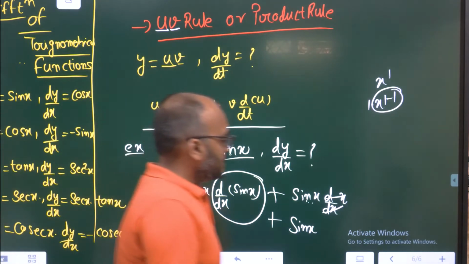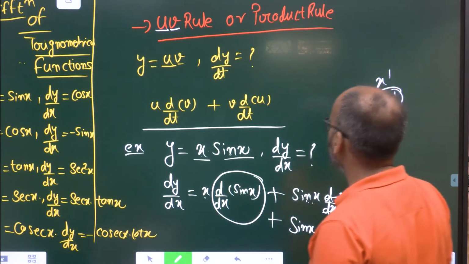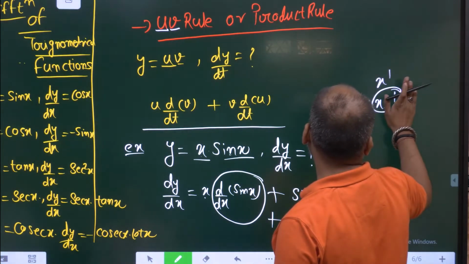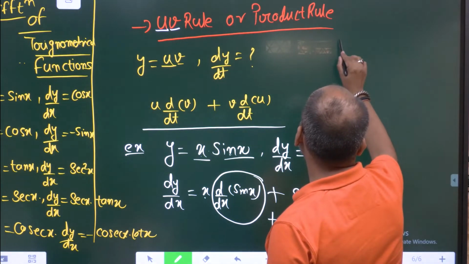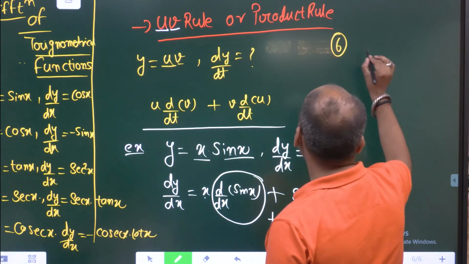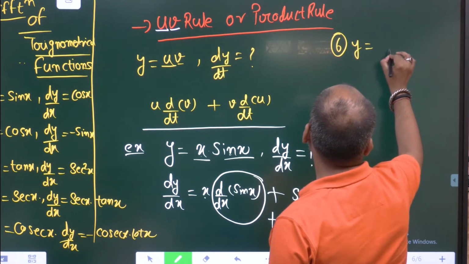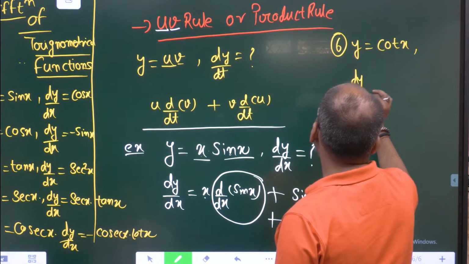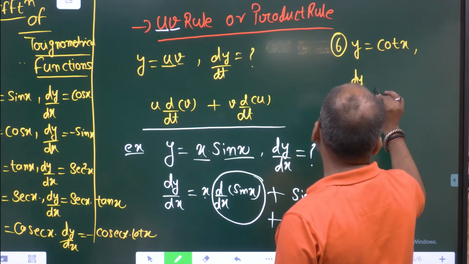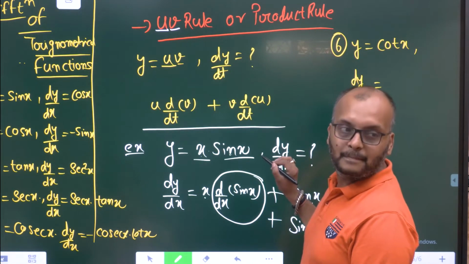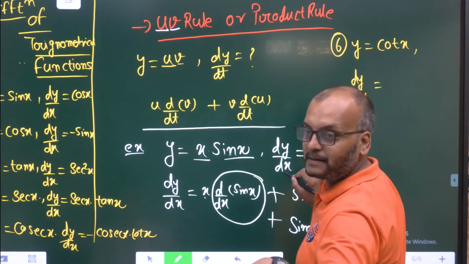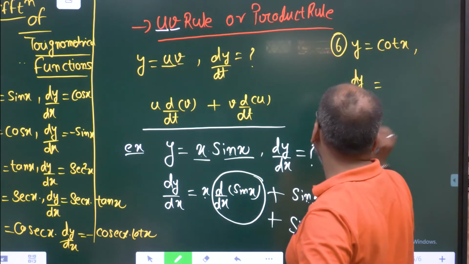So tell me the last one. Sixth one is cot. So differentiation of cot x will be cosec square, but with minus sign.